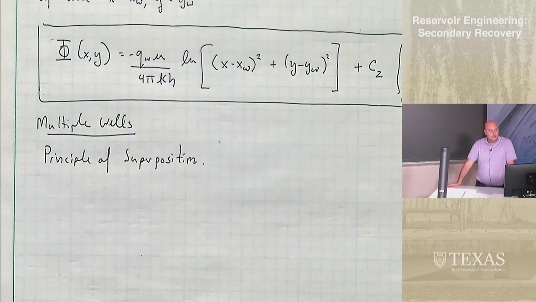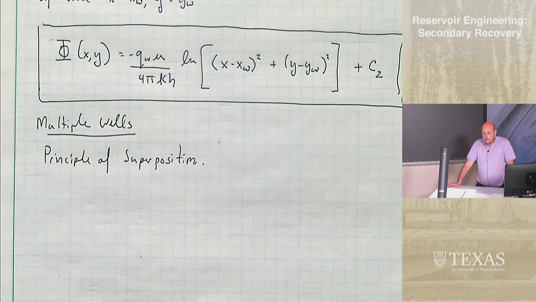You should have seen it in Reservoir 1 when we talked about well law, when we talked about well testing, okay? And you talked about solutions like a step rate test, where you're changing the rate, or a well shut-in test. So you learned about superposition there.